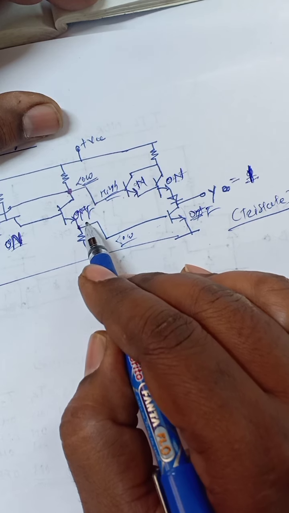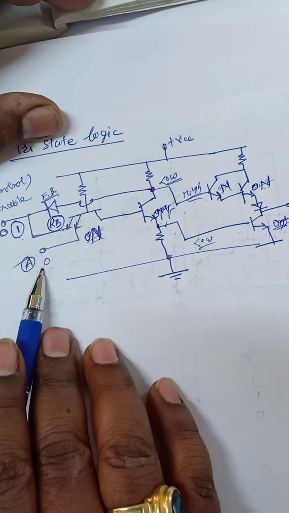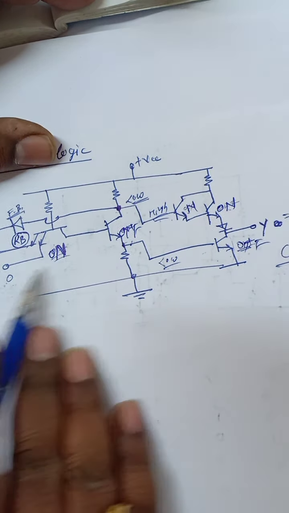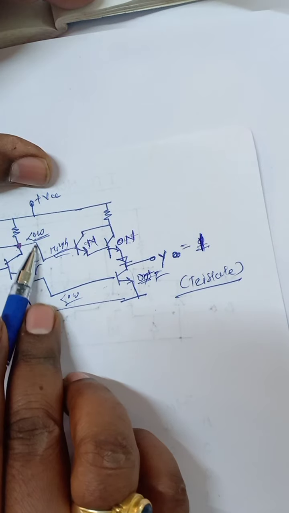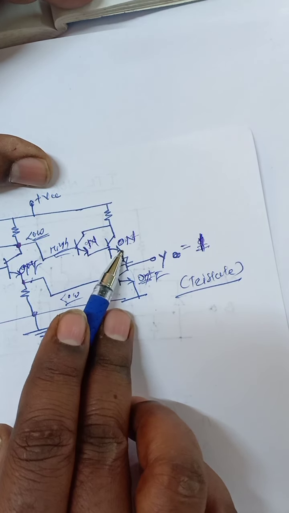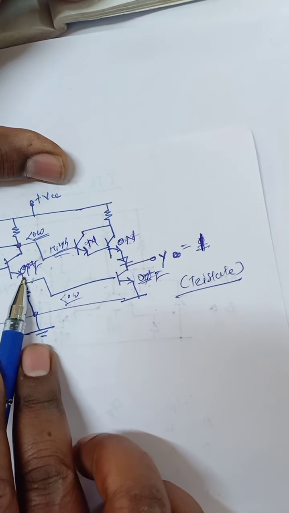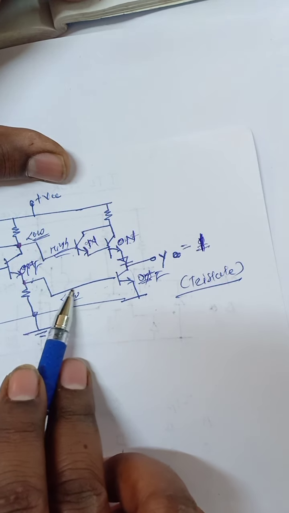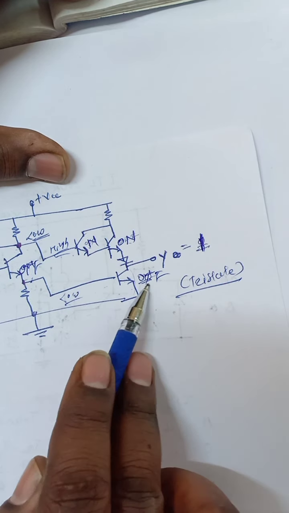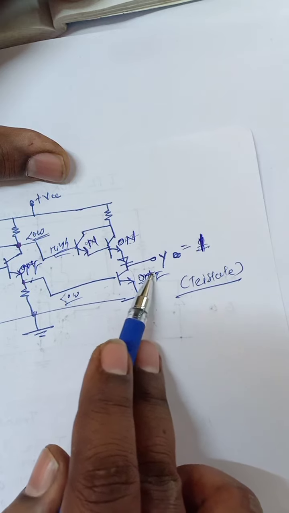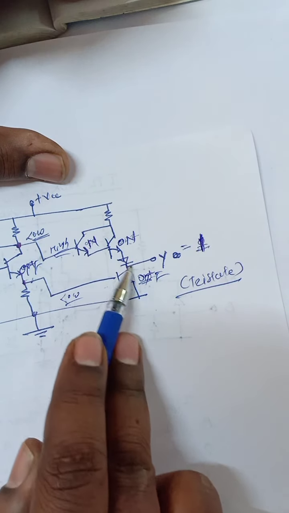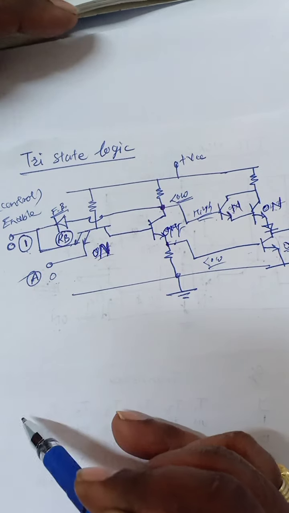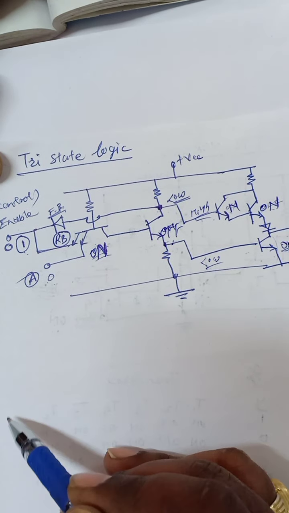So this is off. Because of this 0, it will turn on. This will be off. High voltage, it will turn on. Because of this off condition there is no current, and with low voltage it will turn off. So because of this high state, you get the high voltage. Okay, so this is a tri-state logic.